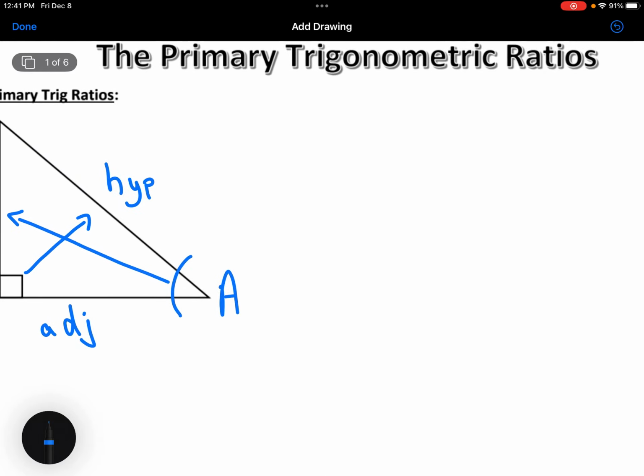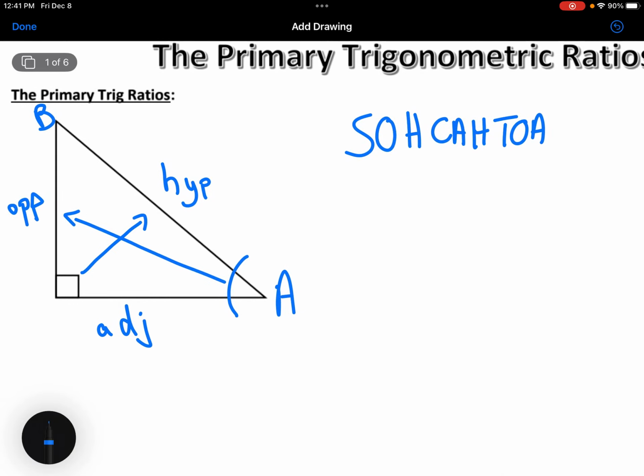Okay, so to use our trig ratios, we need to remember the term SOHCAHTOA. Now, it's going to sound funny at first, but everybody in high school after grade 10 knows this. SOHCAHTOA means sine of an angle, we use theta. In this case, it would be sine A is equal to opposite over hypotenuse.